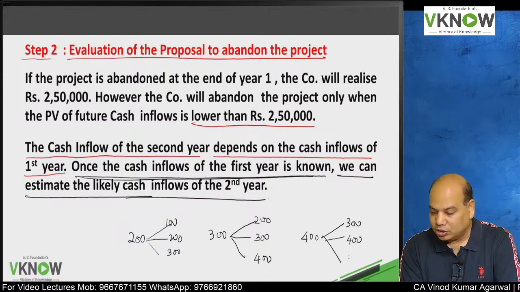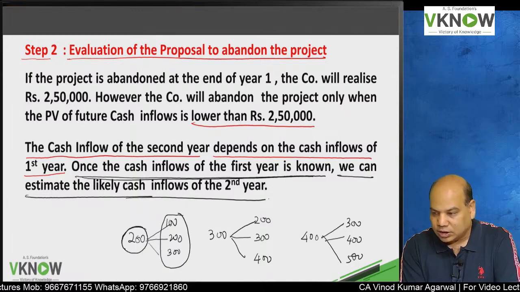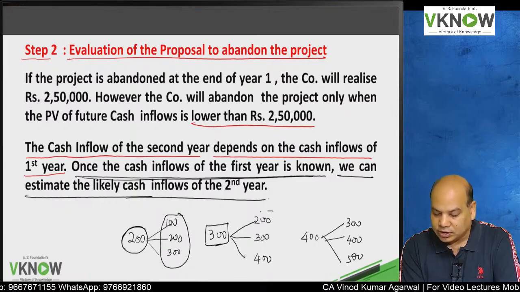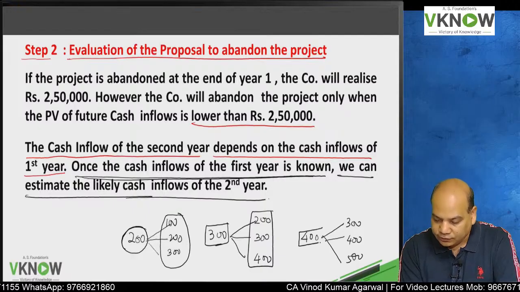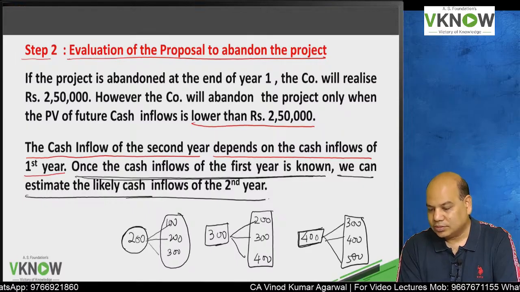Now understand the meaning of this line. If you get 200 in the first year, these are the three cash flows you will get. If you get 300 in the first year, these are the three cash flows you will get. If you get 400 in the first year, these are the three cash flows you will get. Is it right?